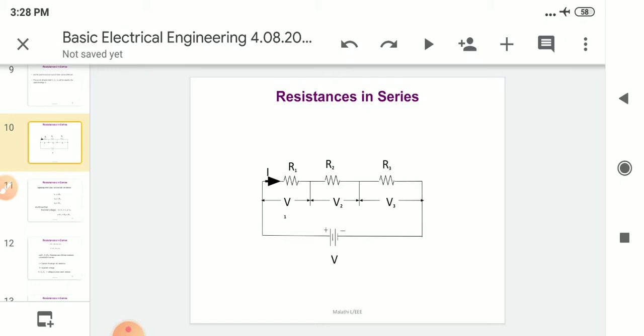The equivalent or total resistance is equal to the sum of the individual resistances: R equivalent is equal to R1 plus R2 plus R3. Here different resistances have their individual voltage drops. The voltage drop across an individual resistance is directly proportional to its resistance. These are the conclusions we observe from resistances in series.